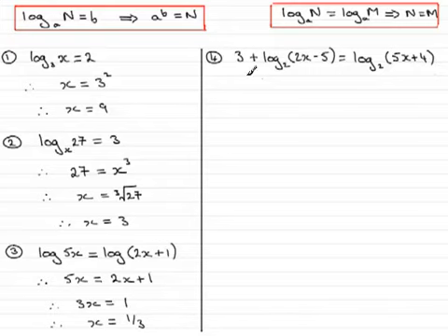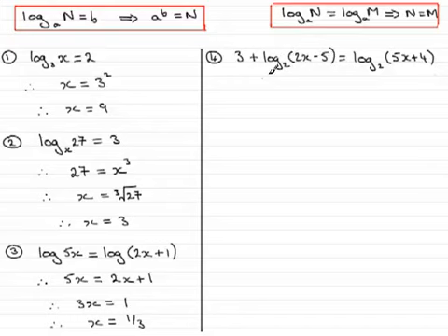Now in my final example, you can see that I have now got 3 terms. 1, 2, 3 terms. 2 terms are log terms. So therefore I've got to reduce this down to 2 terms. And the way I do this is to bring the logs to one side, gather the logs together.